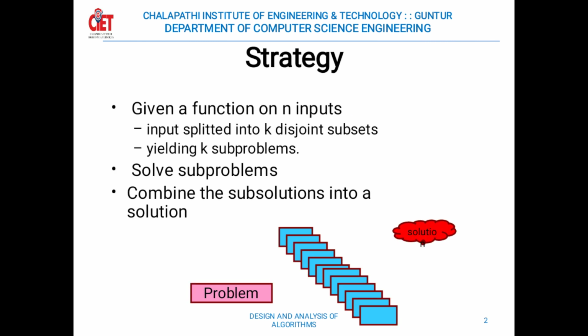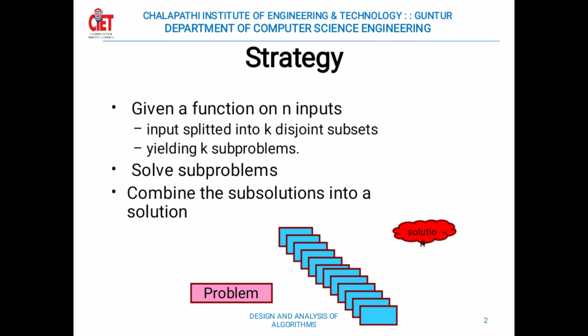The key idea in this divide and conquer strategy is, if the problem is a complex one to solve, then we divide it into subproblems. Even though the subproblems are also complex to solve, again we divide the subproblem into subproblems.